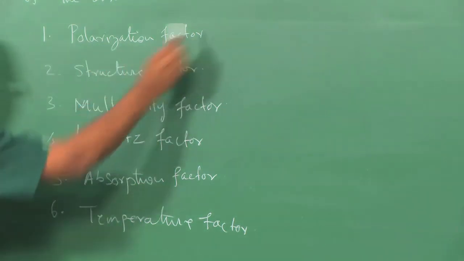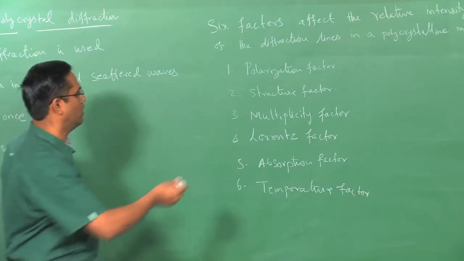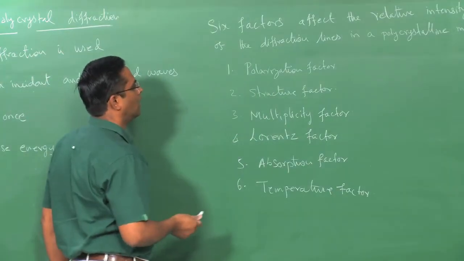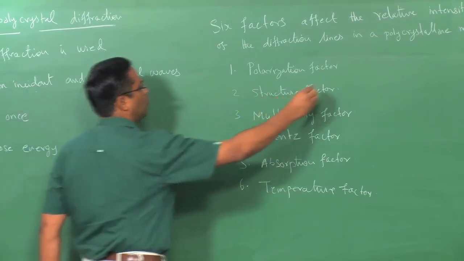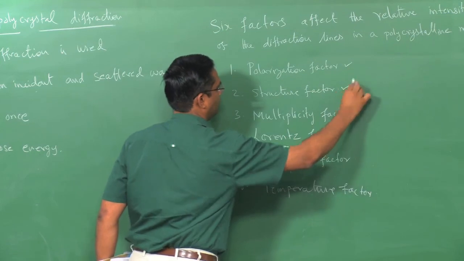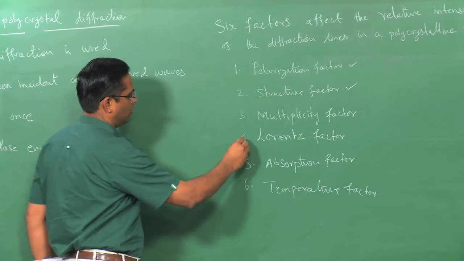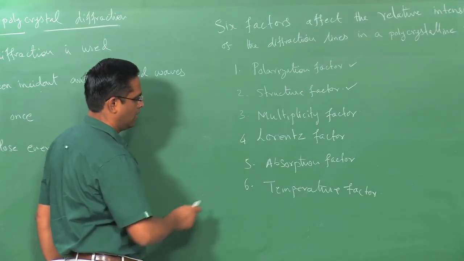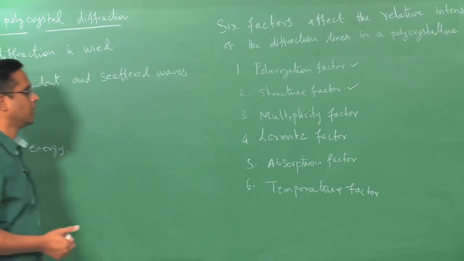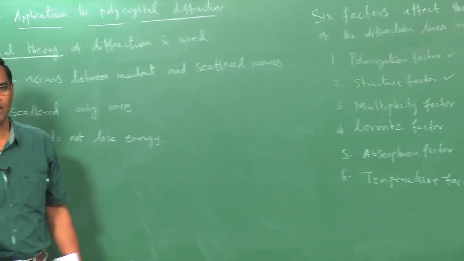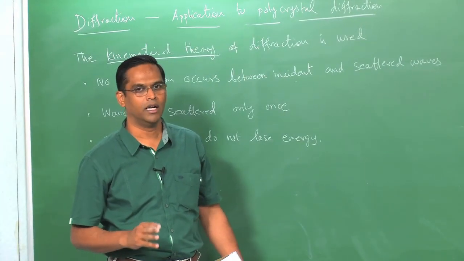One is the polarization factor, which we have already seen, and then the structure factor, which we have now seen. So, at least these two are familiar. The third one is the multiplicity factor, the fourth one is the Lorentz factor, the fifth one is the absorption factor, and the sixth one is the temperature factor. All these factors have to be taken into account when you write a complete intensity expression for a diffracted beam.